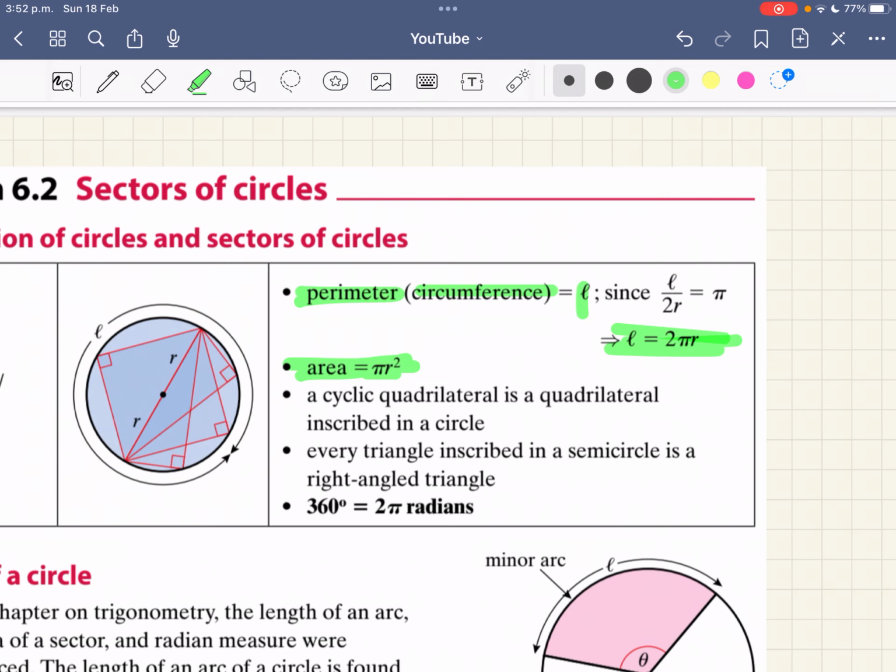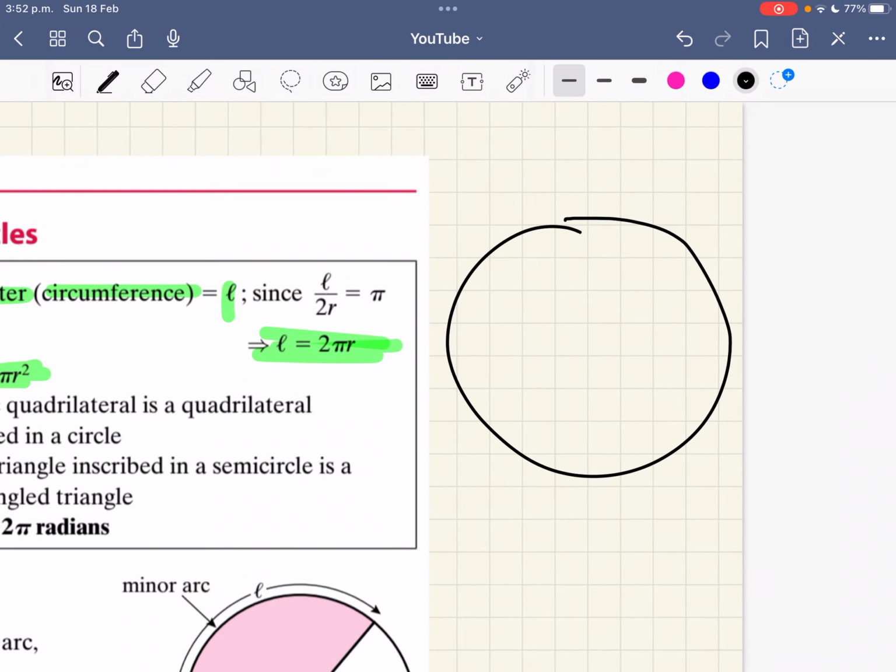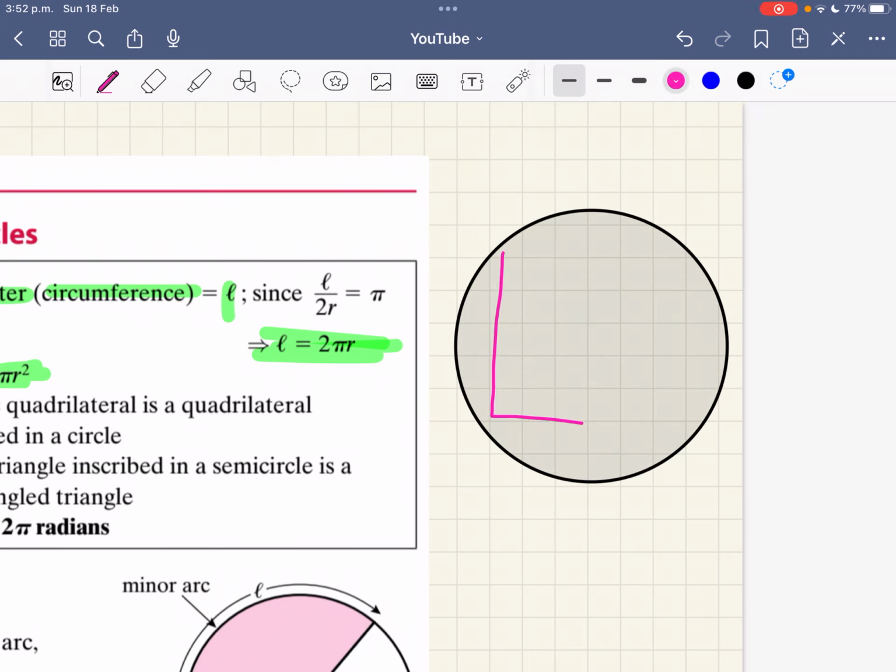A cyclic quadrilateral is a quadrilateral inscribed in a circle. So basically, you have a circle, and a cyclic quadrilateral just means a four-sided shape in your circle. I'm going to make sure all four sides touch the circle.